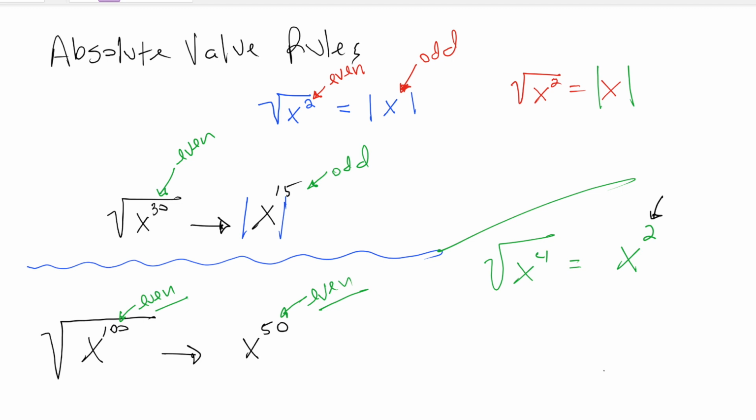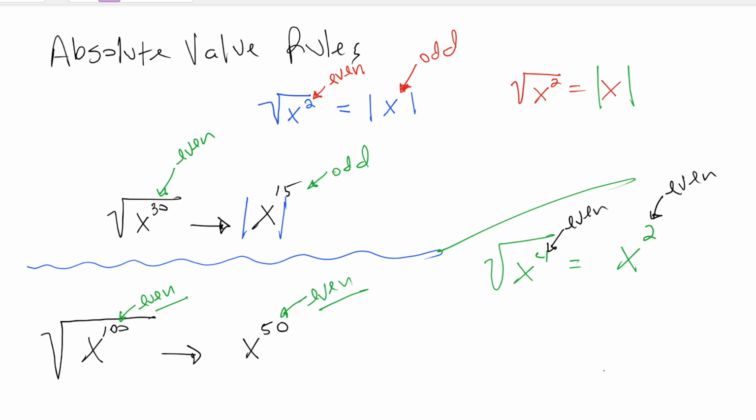So when you have even, you don't have to have the absolute value, because by being an even power, it'll always be positive. See, this will be positive, so this will also be positive. So if you have even, even, no absolute value.